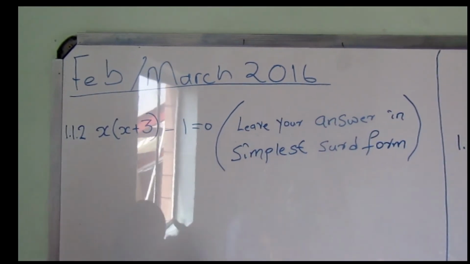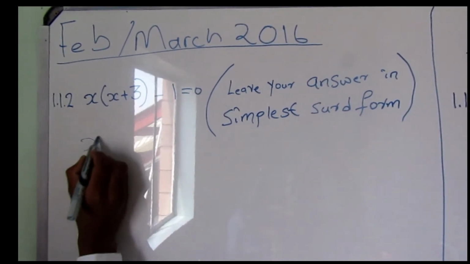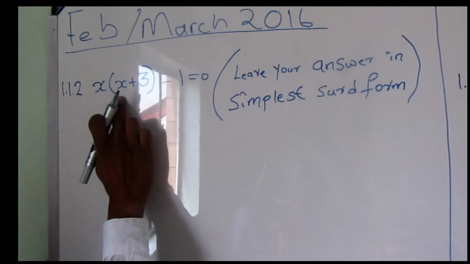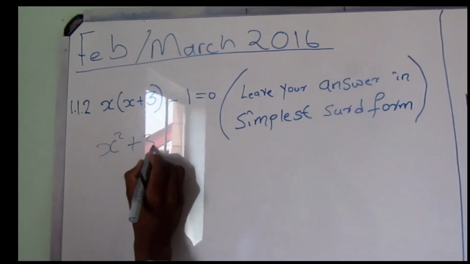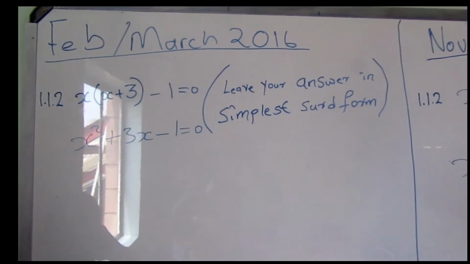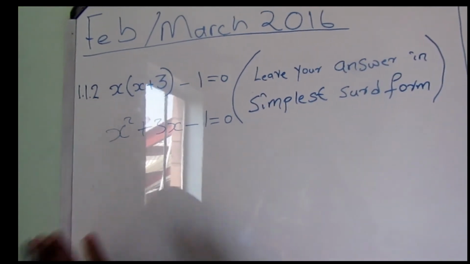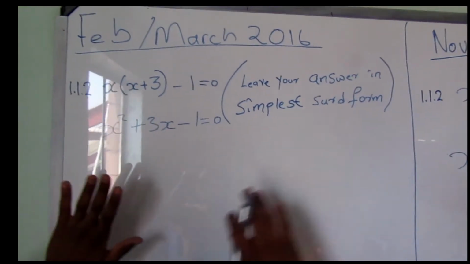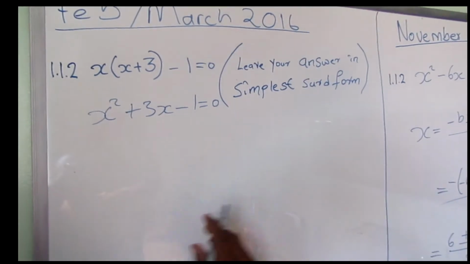Then the first step here is to simplify this accordingly. x times x is x squared, x times 3 is plus 3x, then minus 1 is equal to 0. Then when we arrive here, we know we can't factorise this. We have to go straight, as I've said, it's the same as the previous one. We have to go straight to the formula and substitute.